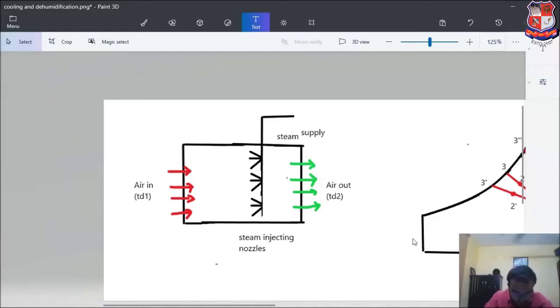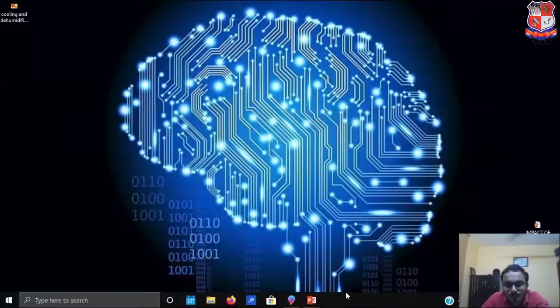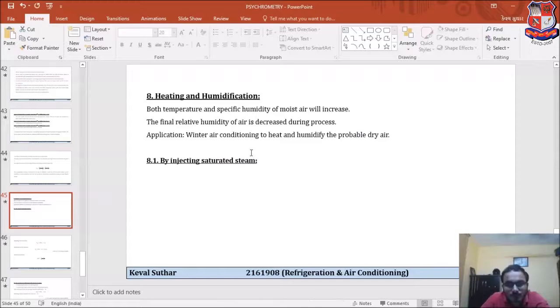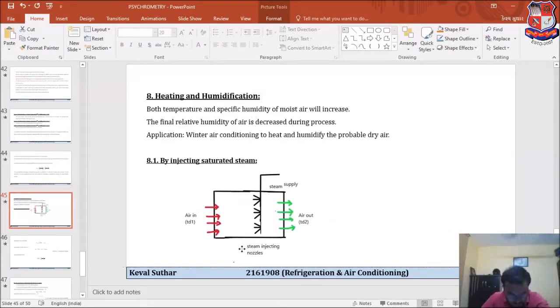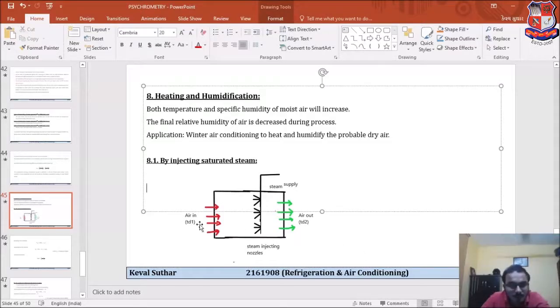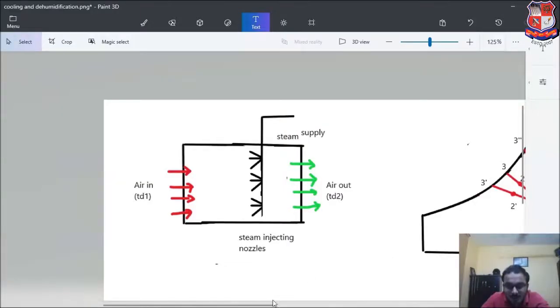Okay, so it is quite easy to understand that here this saturated steam will be sprayed, so this air will get heated as well as humidified. So we can copy this figure. So this will be our figure, and now we will also understand this process on the psychrometric chart.